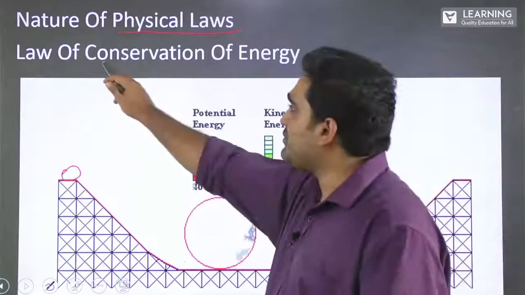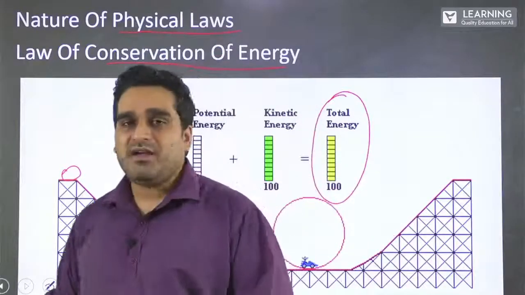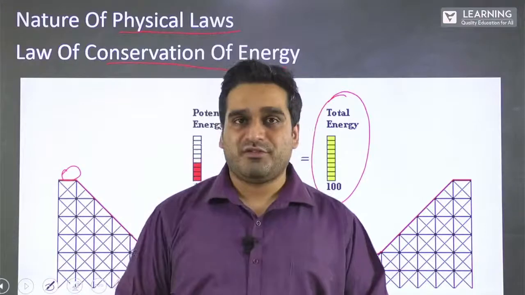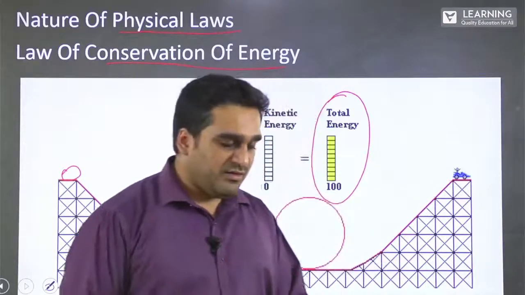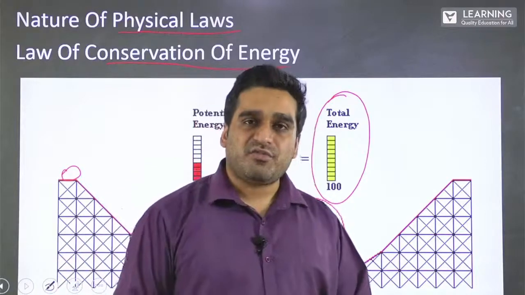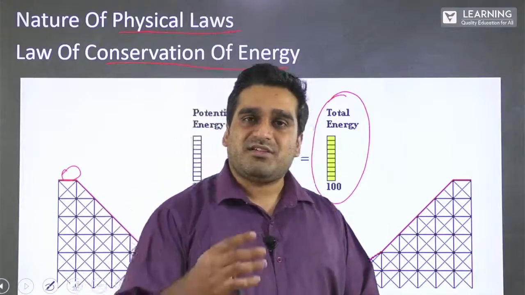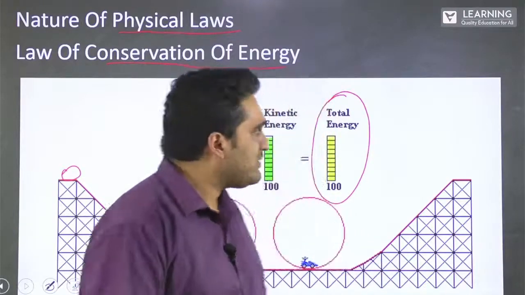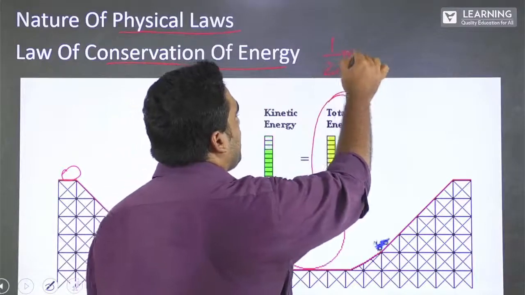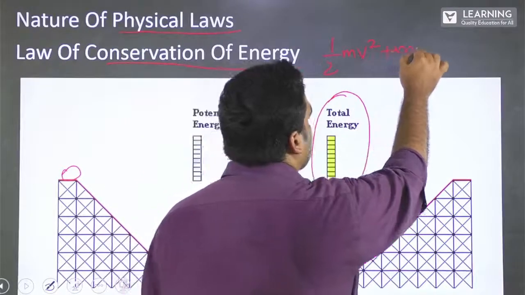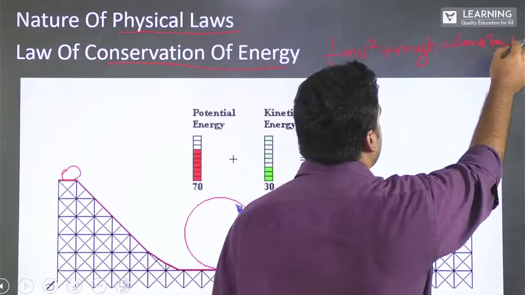So this brings us to an important concept, which is conservation of energy. Now you may ask, is there a proof to show me that this conservation of energy exists? It is wrong to ask for a proof when it comes to conservation of energy. Then you may say that you have learnt in your lower class that there's one proof, which is half mv square plus mgh equals a constant. Isn't this a proof?